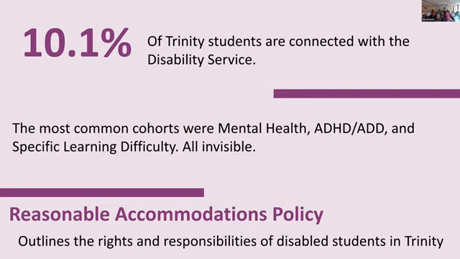And a lot of the time people are more familiar with how to interact or how to make yourself accessible and inclusive for those people. And just to give an idea of what policies are in place to support students, the reasonable accommodation policy is a Trinity policy that outlines the rights and responsibilities of disabled students in Trinity, and that's available online. It was just updated. So yeah, that's for some context.